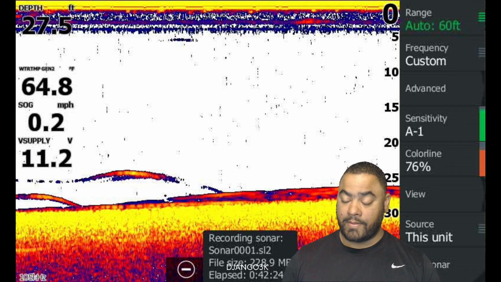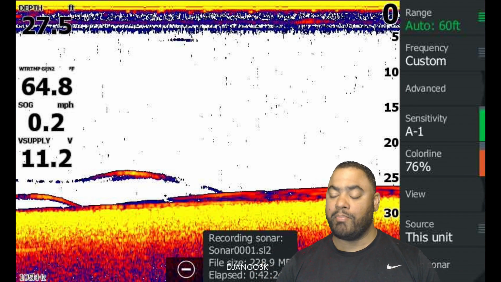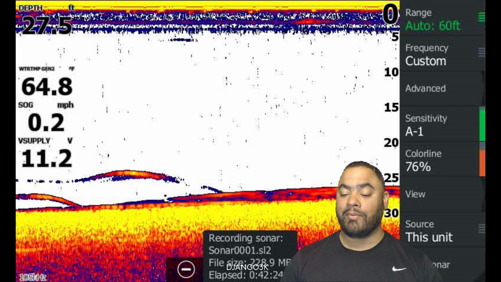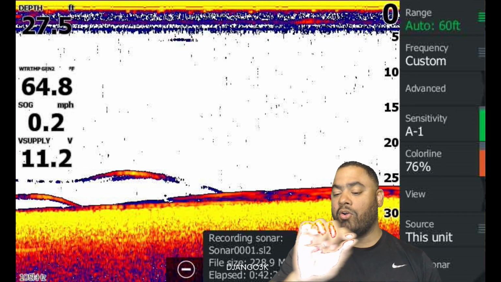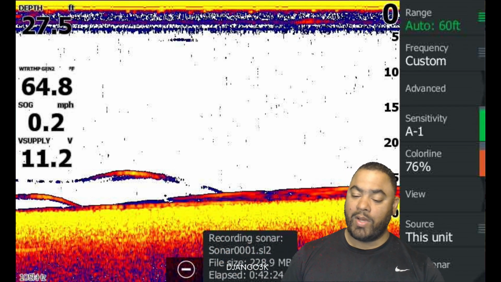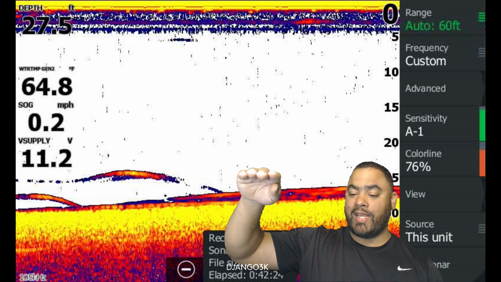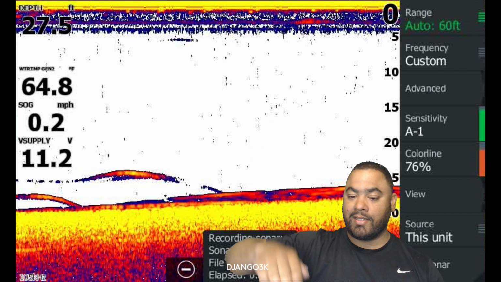They're elongated arcs. Well, if you were to stop in the water column, just stop, and fish are under your boat, say you got one fish under your boat and you stopped in the water column, right? That fish is going to be represented as a line going all the way across your graph. Because as your transducer is pinging, it's pinging back and forth off that fish, just like this right here.